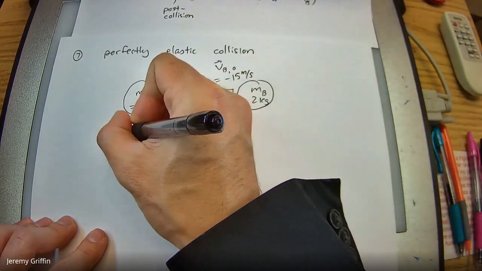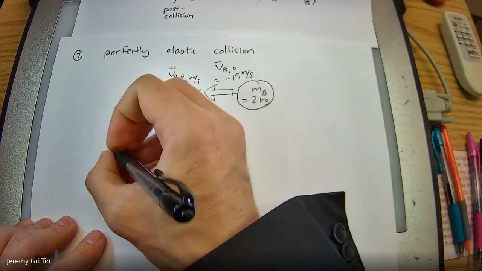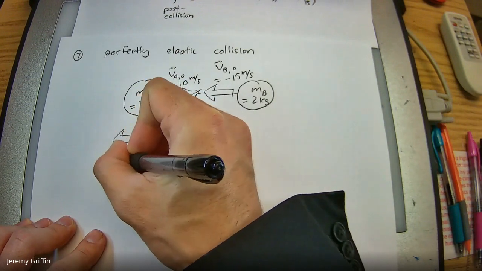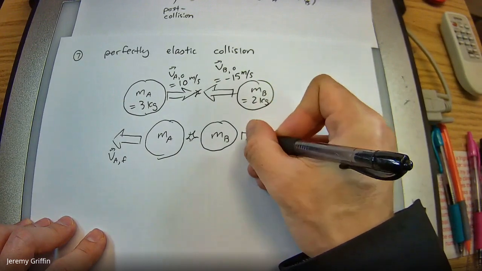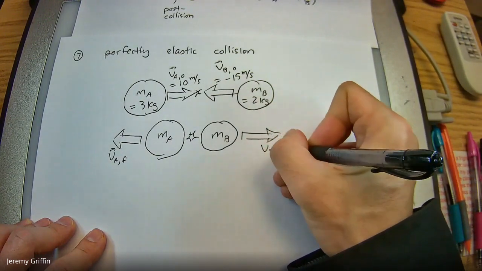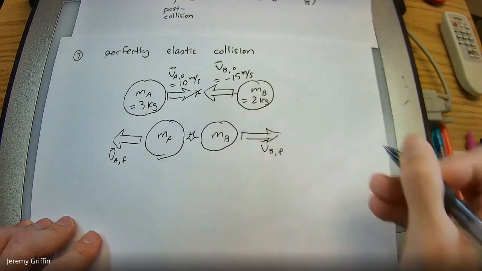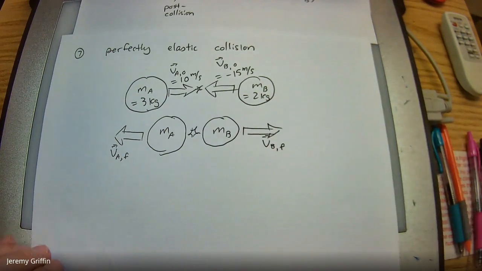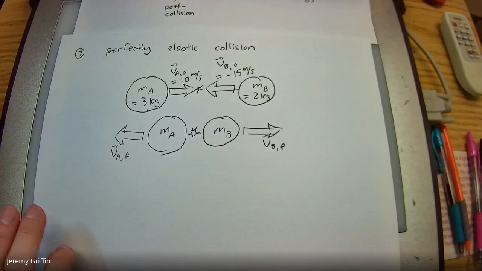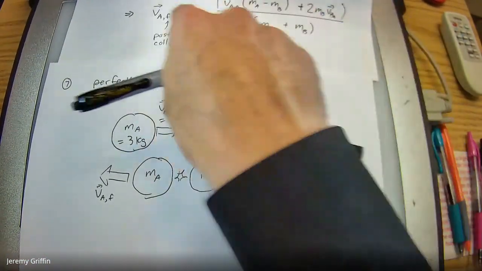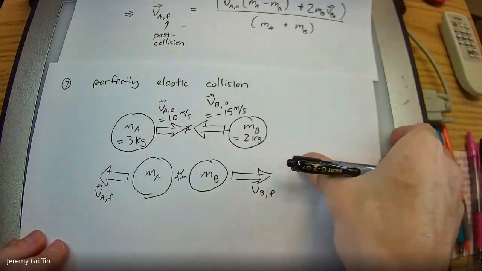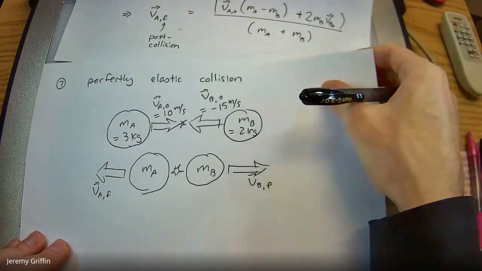And then what? Well, it's going to be some velocity A post collision and some velocity B post collision, like that. Right. And I'm just going to take this formula right here and just start plugging in numbers. Just plug in the numbers and see what happens.